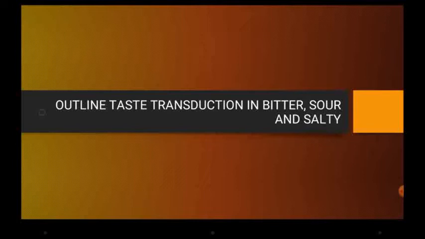Okay? Now I want to talk about the sense of taste. The sense of taste is the sensory system responsible for the perception of flavor. Taste comes about when substances like food enter the mouth and react chemically with the taste receptor cells, which are located where?